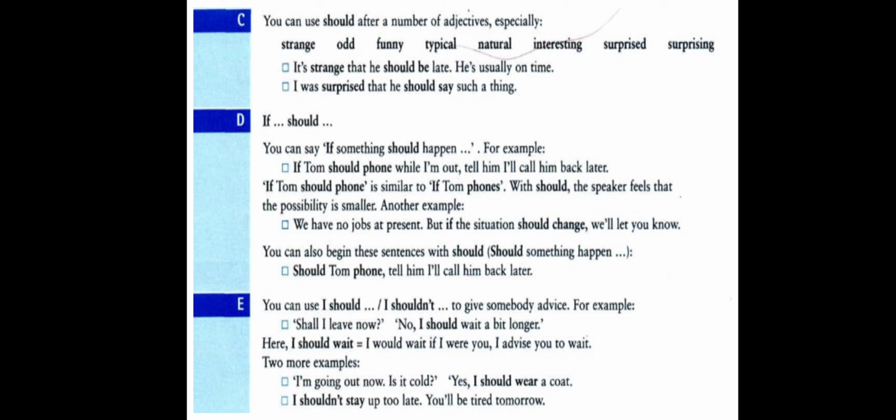And means you should wait a bit longer. Here, I should wait means I would wait if I were you. I advise you to wait means if I were in your position. No, I should wait a bit longer means if I were you, I would or I should wait a bit longer. Two more examples.